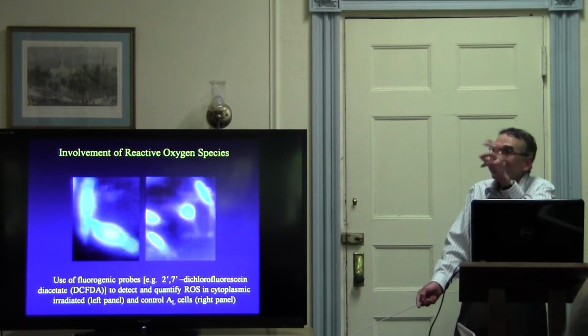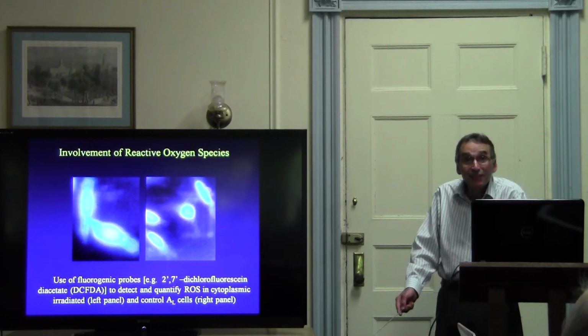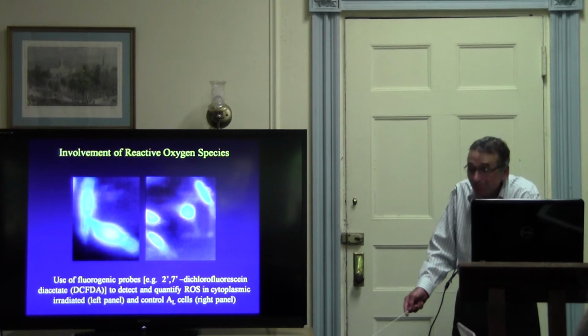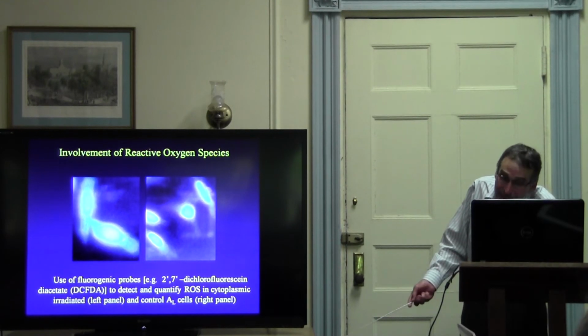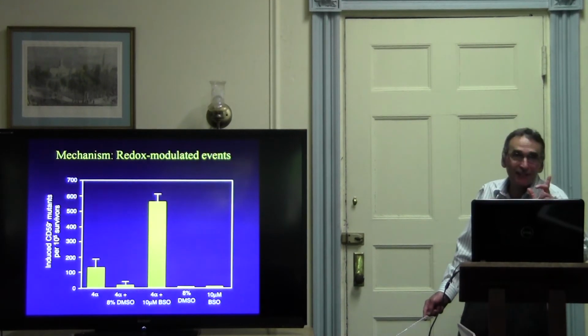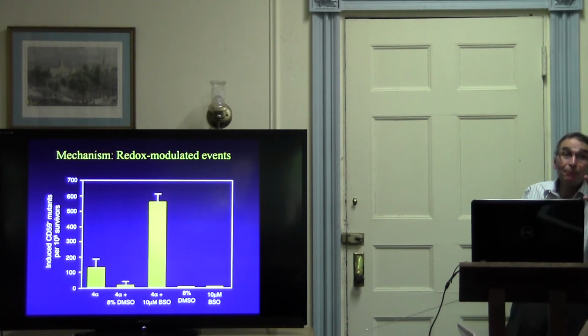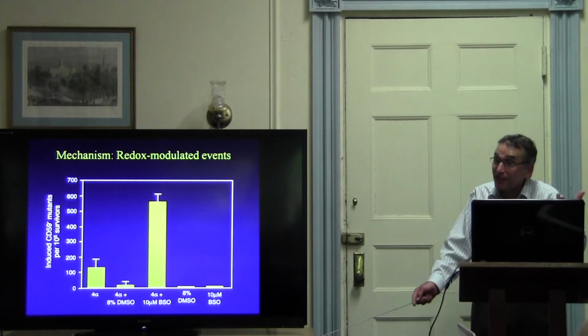Or with cytoplasmic irradiation, did we hit mitochondria, maybe activate oxidases? And in the cytoplasmic irradiation, obviously, we went through the plasma membrane as well, and we should not forget that at all, because that's where we can be activating some of the plasma membrane-bound oxidases, NADPH oxidase being one of them.